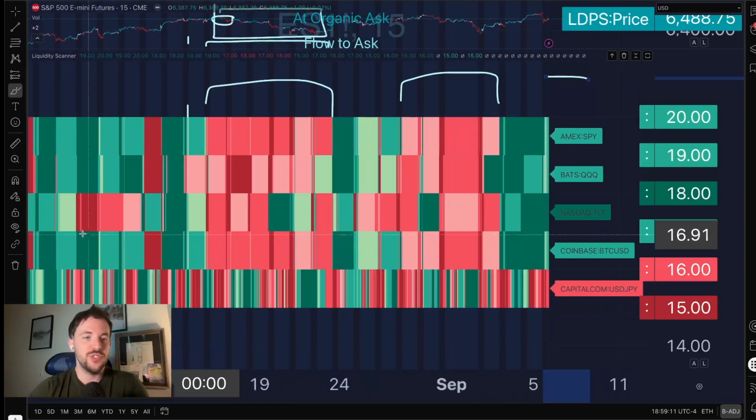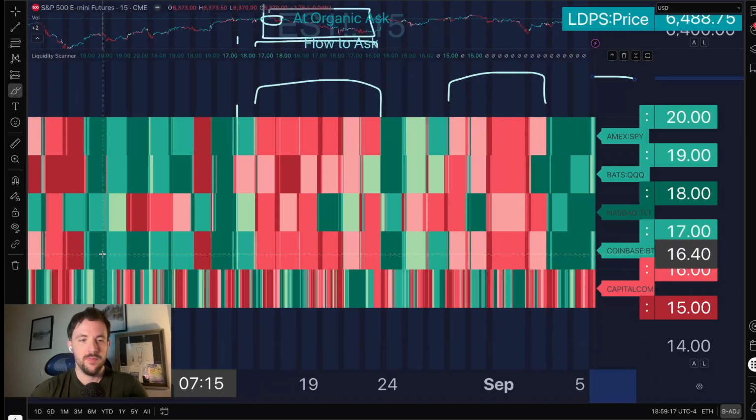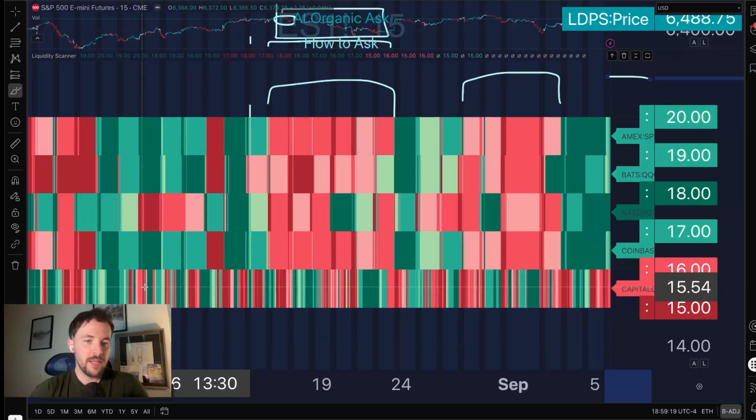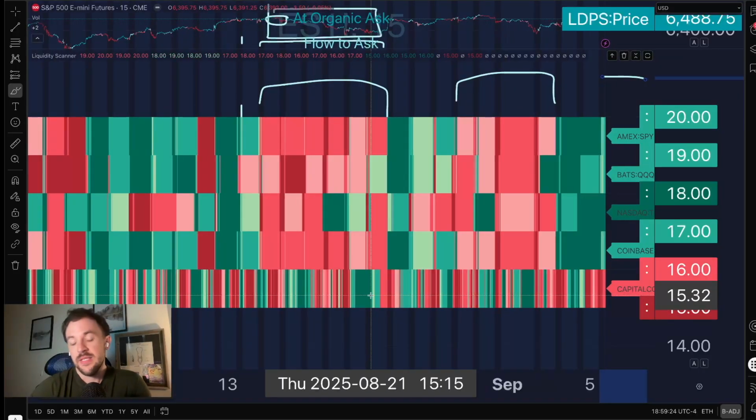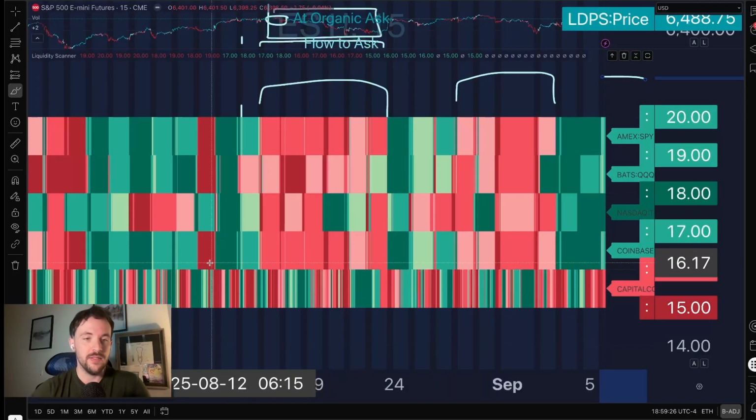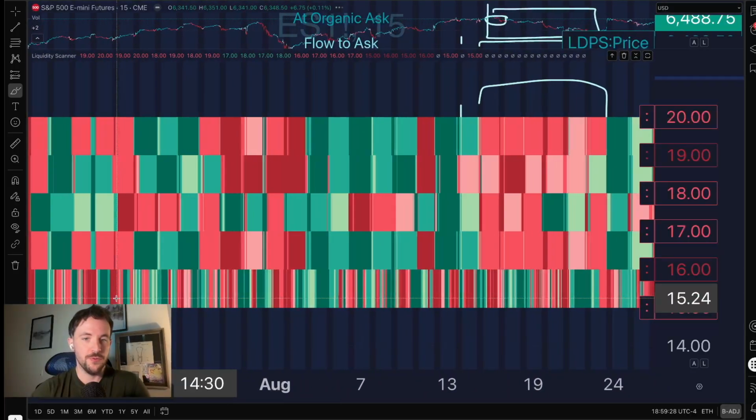But even here, as we zoom out, we can see the TOT had this spurt of bearish liquidity that wasn't felt really anywhere else. You might be able to argue a little bit on USD JPY, but that would be something to investigate, right? That would be a thread to pull.